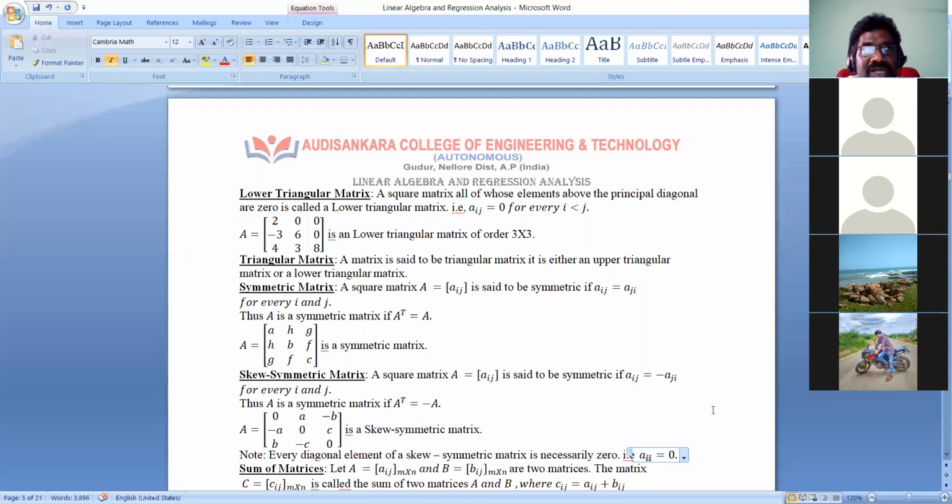In that case, the basic formula (A plus B) whole square equals A square plus B square plus 2AB is not applicable for these matrices. Is it applicable for all matrices? (A plus B) whole square, where A and B are two matrices. Is the formula applicable for matrices or not?